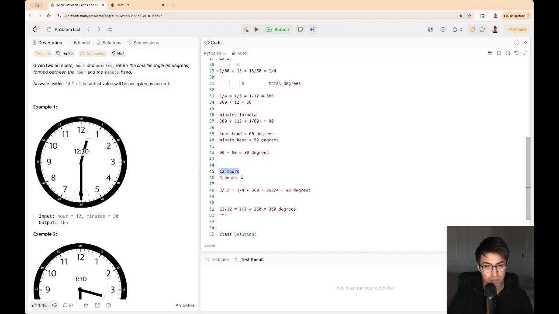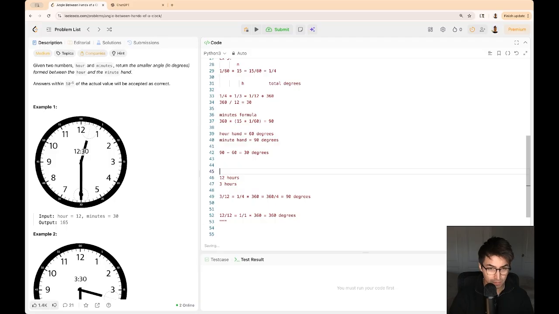So take the number of hours divided by which hour we're on times the total amount of degrees. Num hours divided by hour times degrees equals degrees without minute hand. So that's a better starting point, at least.